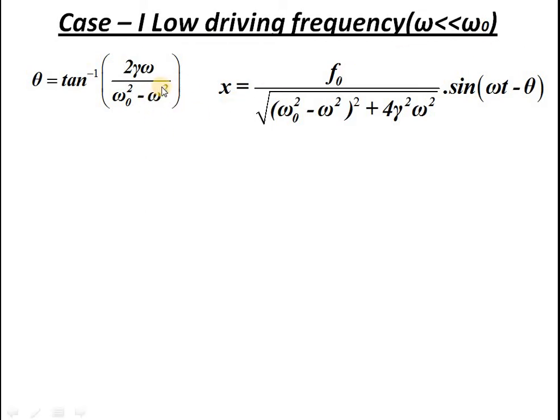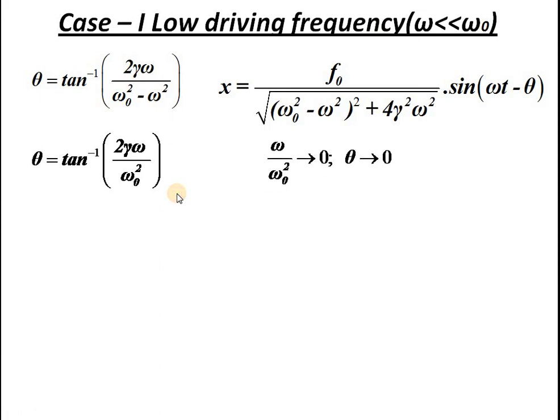Omega is much less than omega 0, so the denominator becomes simply omega 0 square, because when you subtract a small value from a big value, the big value is retained. So theta is equal to tan inverse of 2 gamma omega divided by omega 0 square, because omega square is negligibly small in this case. So we got theta.